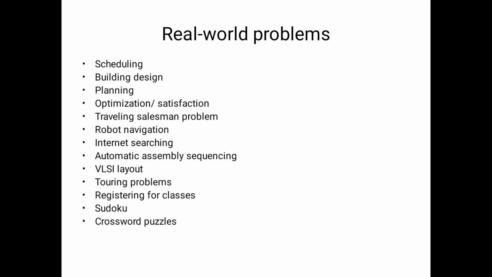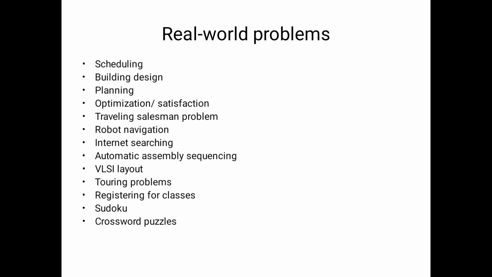That's why we use the backtracking technique, and that's why we move to constraint satisfaction problems. Real world problems are scheduling, building design, planning, optimization or satisfaction, traveling salesman problem, robot navigation, internet searching, automatic assembly sequencing, VLSI layout, Turing problems, registering for classes, Sudoku, and crossword puzzles.